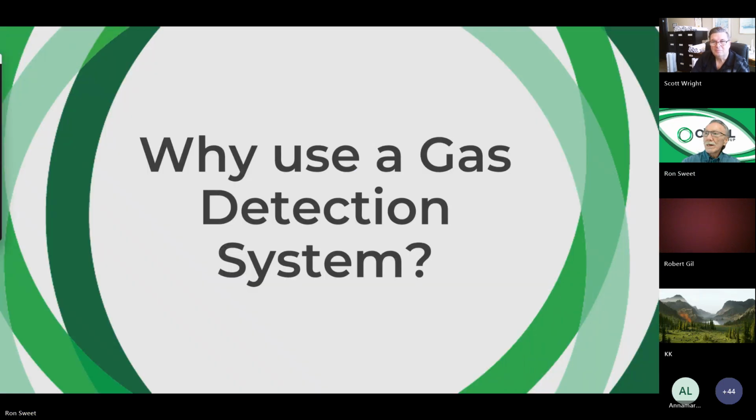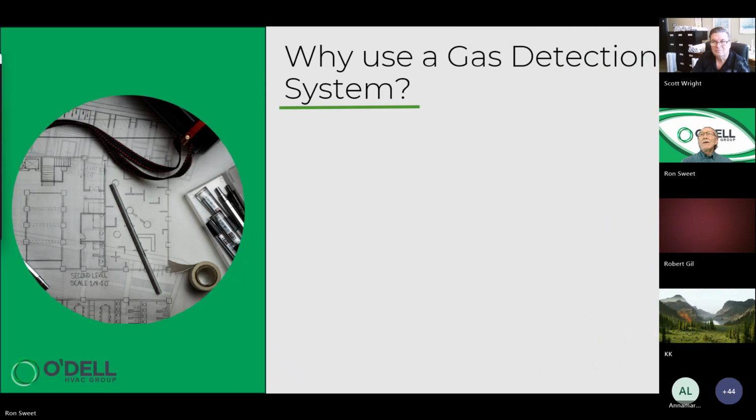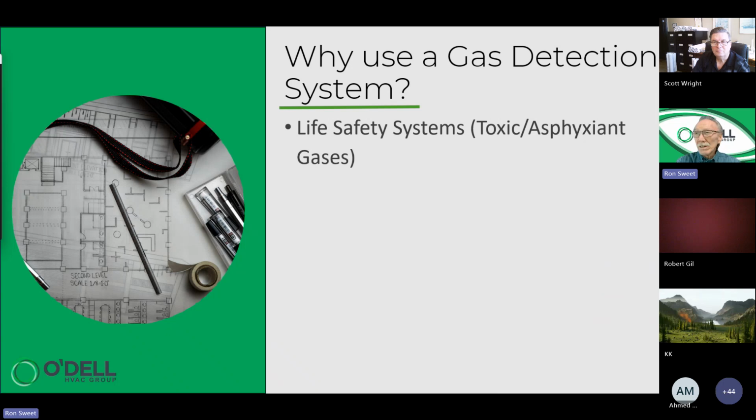So now, why do we use a gas detection system with the HVAC system? For two reasons, and two reasons only. First and foremost, as a life safety system to protect people inside a building envelope wherever there's a possibility of toxic or asphyxiant gases building up inside that building envelope.